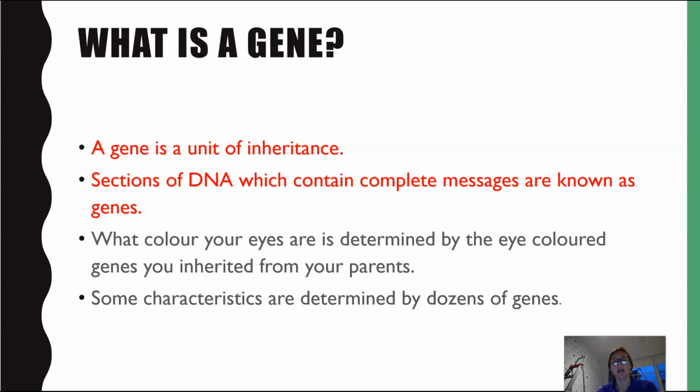Some characteristics might be determined by more than one gene. It might be that a number of different genes determine that trait. So our gene is not just one nitrogenous base, not one A, one T. It's a number of them that makes up your gene. So it's a section of that DNA.